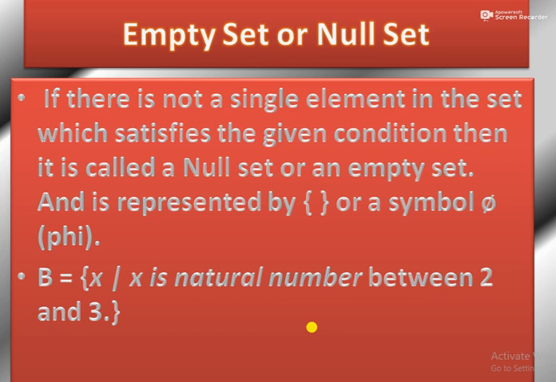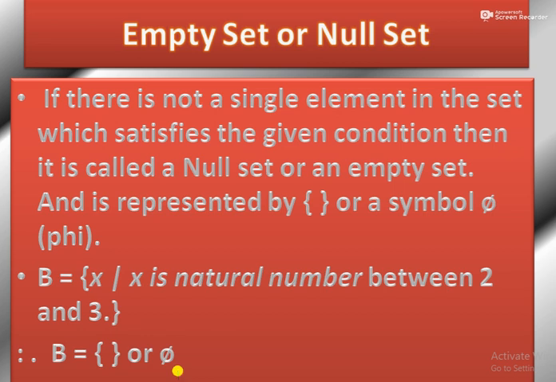But these numbers are rational numbers, not natural numbers. So while we are checking natural numbers, there is no number between 2 and 3. That means the set B is empty, or we can write set B equals phi.